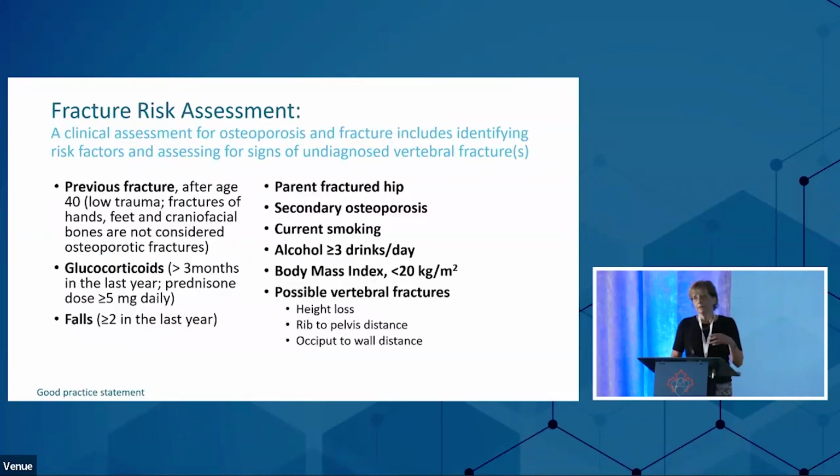The initial step really is to do a fracture risk assessment. We have our population, 50 years and older, postmenopausal females and males, and at the age of 50, it is recommended that you do a fracture risk assessment. This fracture risk assessment is to seek out the risk factors that could put your patient at higher risk for fracture, and you will note that they're the same ones incorporated in the FRAX tool.